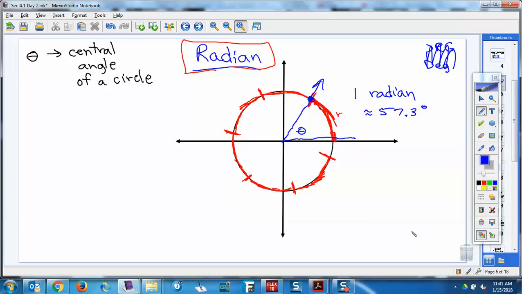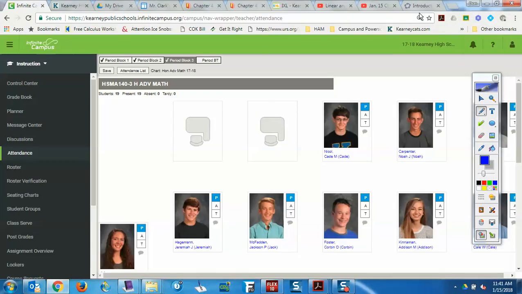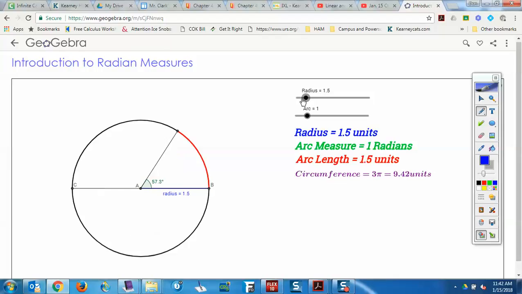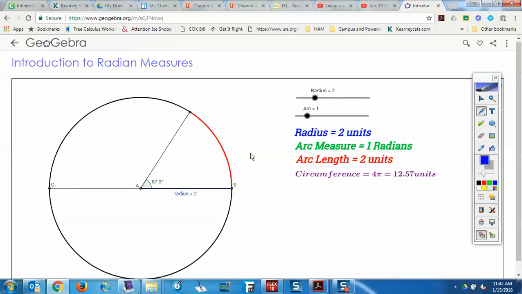Okay? Now, there's a couple of things going on here that are important. So let's look at this picture right here. Here with a radius of 1, this red length here is the same as this blue length. Seem reasonable? Okay? And it makes, again, about 57 degrees. If I increase the radius of this circle, the radius doubles, but then this is going to double accordingly, right?